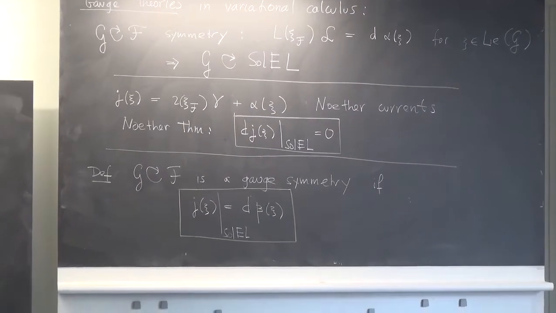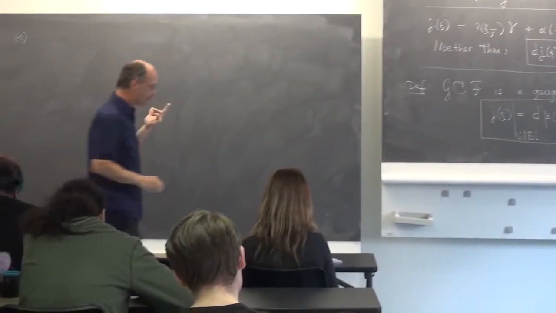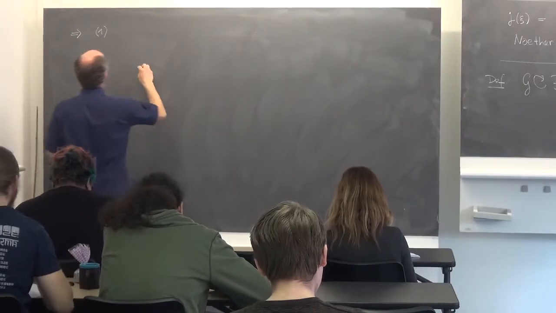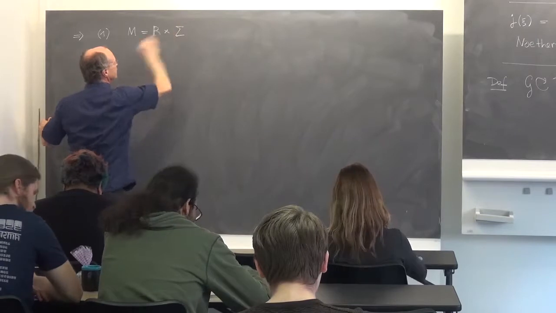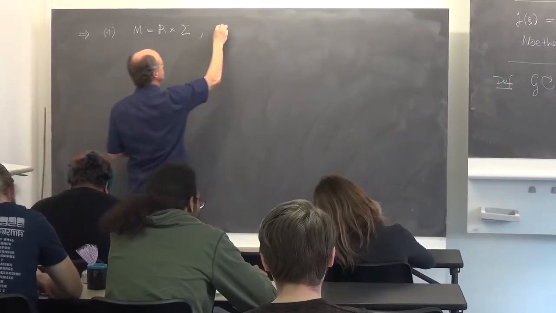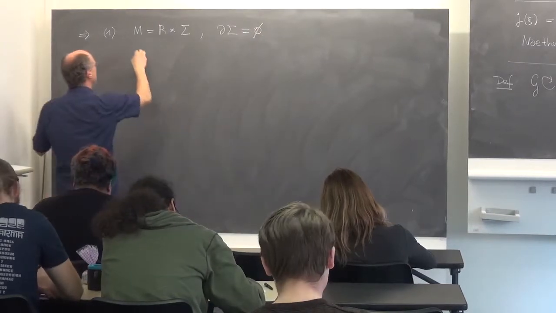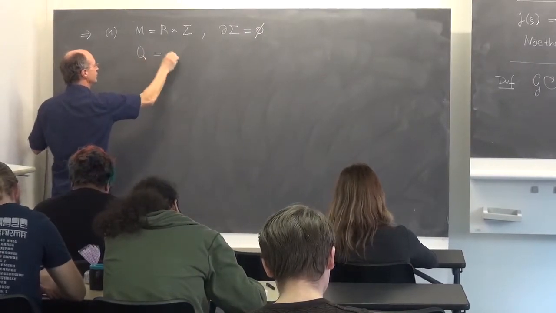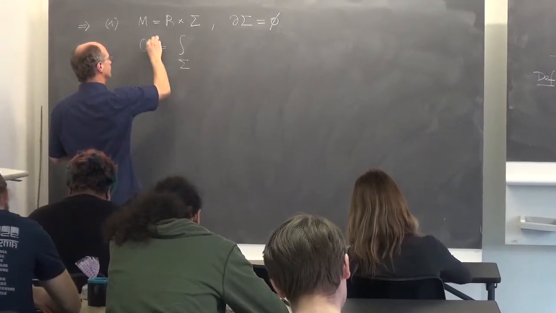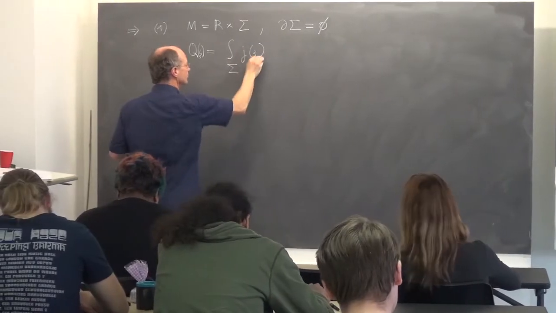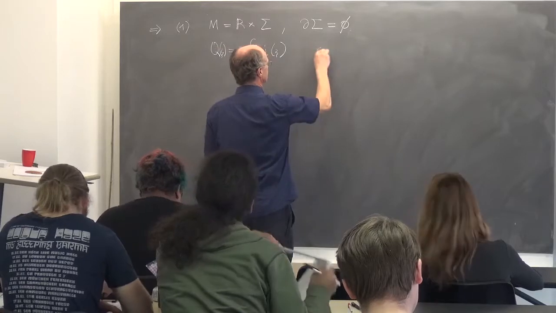So what are the properties of this definition? First of all, let me recall that in the case of M equal to R cross sigma, where sigma has no boundary, we have a notion of Noether charge, which is conserved, and which is simply the integral over sigma of j of psi.